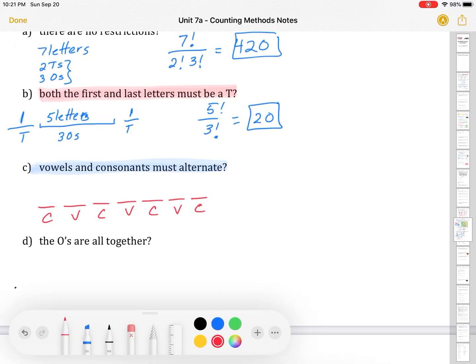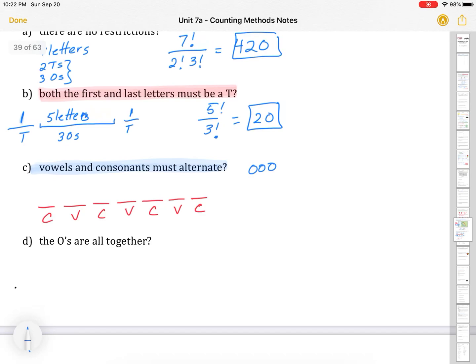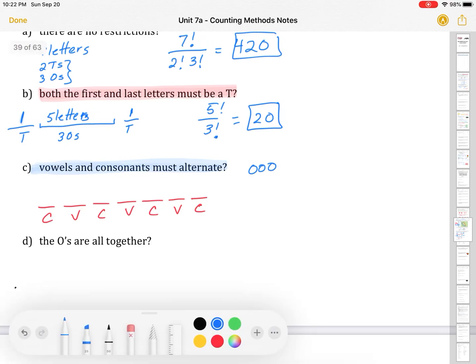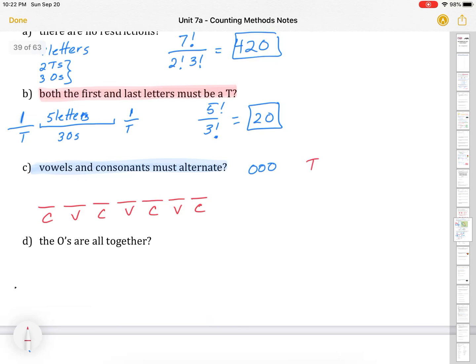Now let's see what I have. My vowels are all O's, right? So I have 3 vowels, and then my consonants are T, T, R, N.